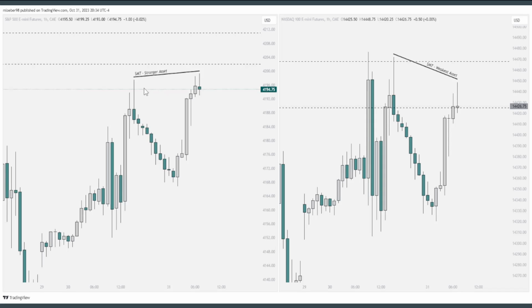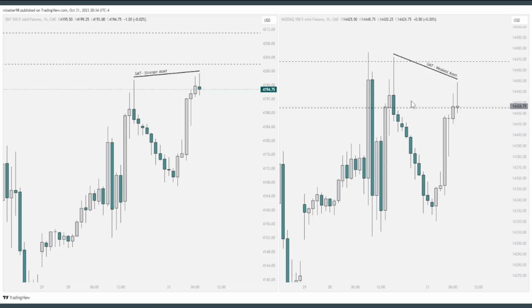But I also noticed something, that the S&P 500 is making a higher high compared to the NASDAQ, which is making a lower high. So my first indication right now is I see that there is already weakness in the NASDAQ. So the market's tipping its hand to us, showing that the NASDAQ is weaker and the weakest asset compared to the S&P.